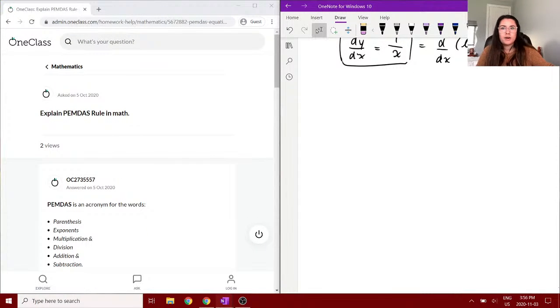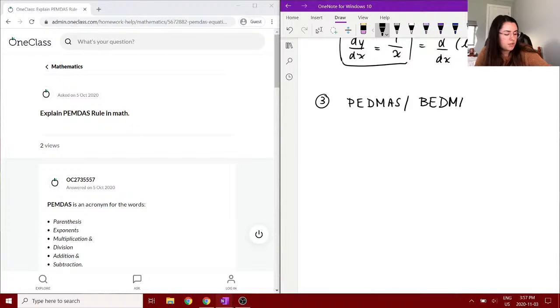Okay, so our next question is asking us to explain, I guess, PEMDAS rule in math. In school, I learned BEDMAS, so I'll write it in both ways. This is question 3. So we can either have PEMDAS or BEDMAS.